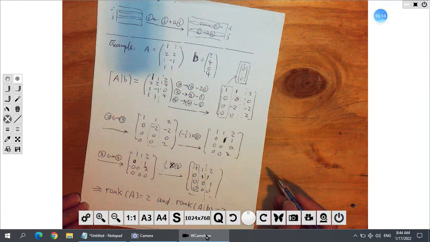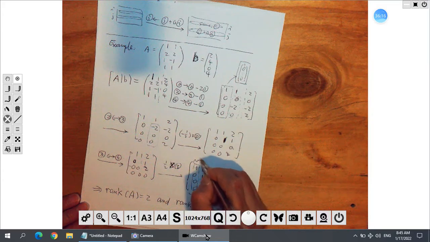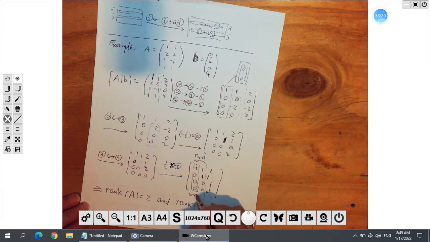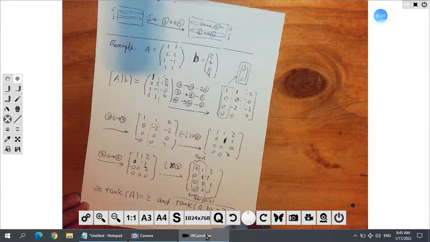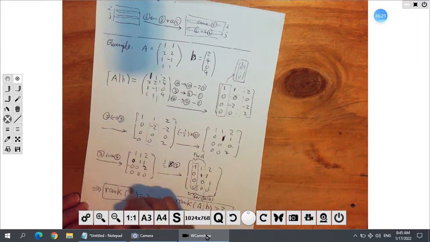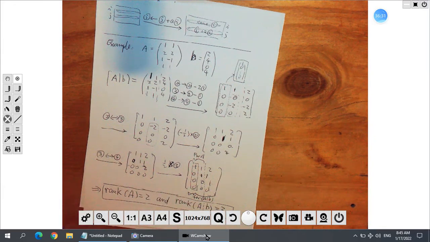Get it? This is for A, and the whole thing is for A and B. And we have this one.